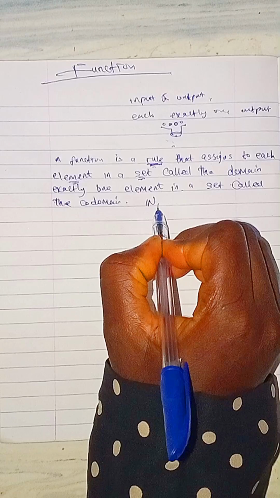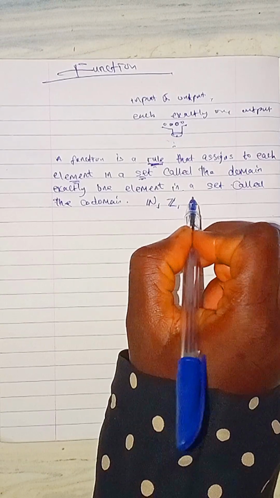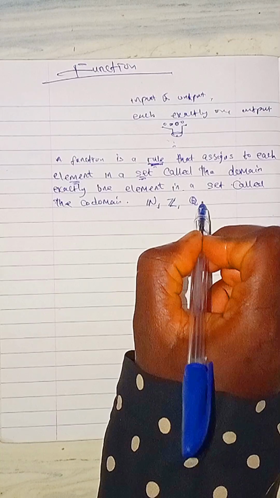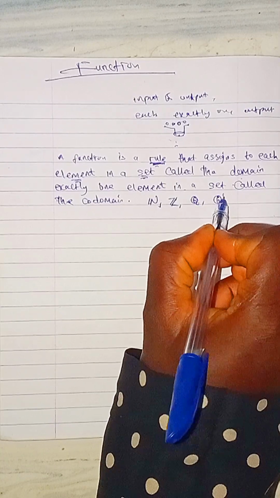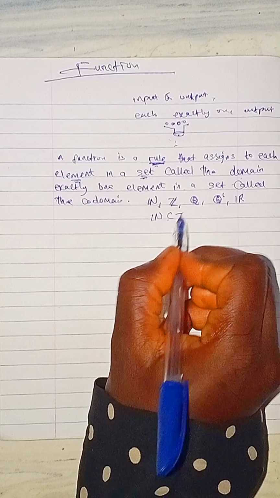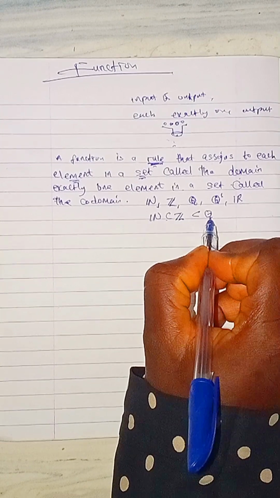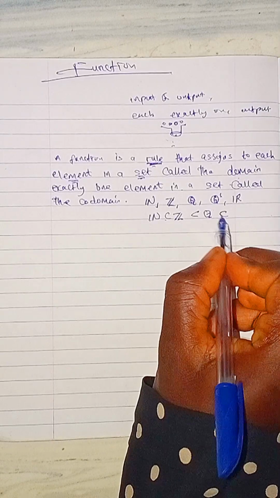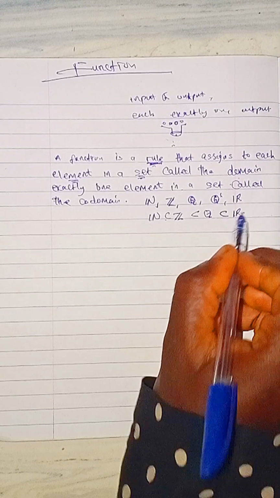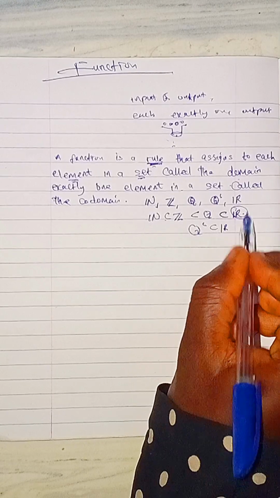Natural numbers can be the set of inputs, or integers, or rational numbers, or irrational numbers, or real numbers. Natural numbers are inside integers, which are inside rational numbers, and all of these are inside real numbers. Irrational numbers are also inside real numbers. The bigger set is real numbers.